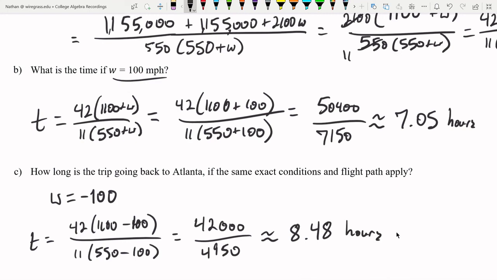So you can see the jet stream could probably save us an hour and a half or make it take an hour and a half longer, whichever way you really want to think about it. But it does significantly affect the travel time. So that's why it's important to always have the best flight plan available.